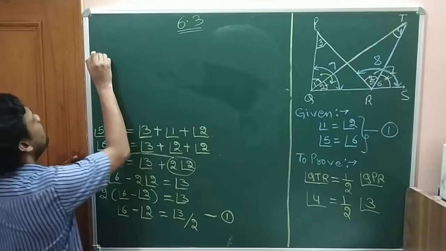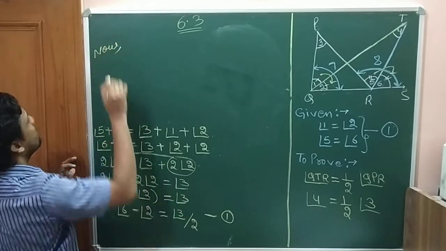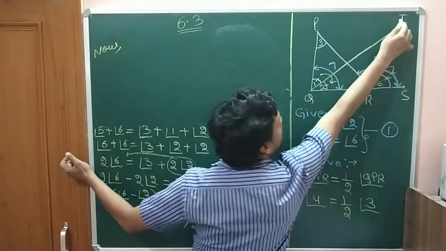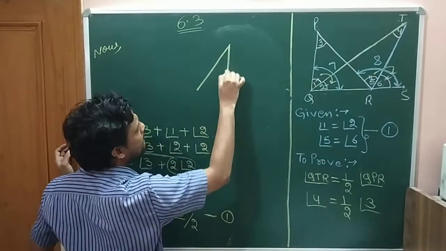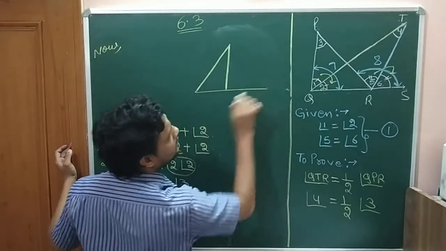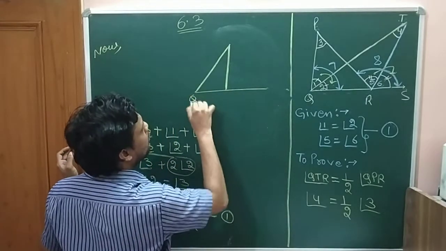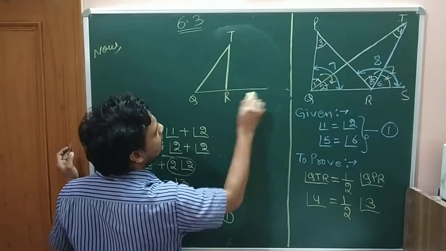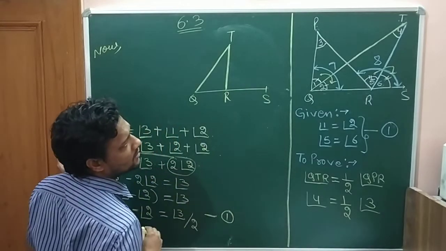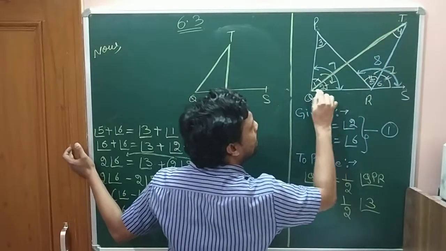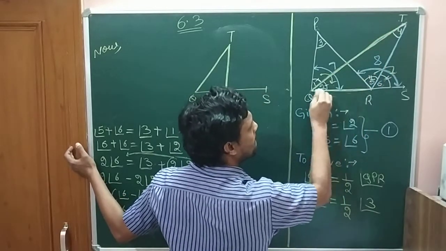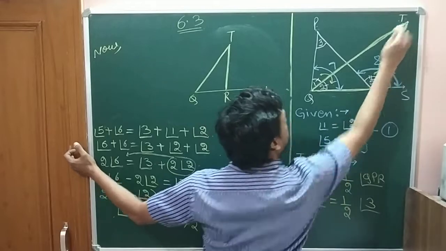After that, now this one, triangle QTR, this triangle, a yellow one.